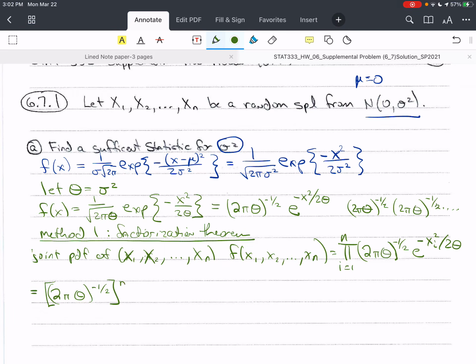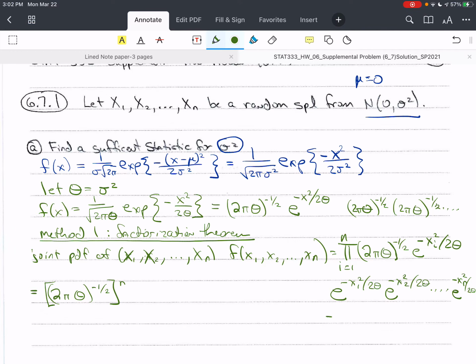So that's going to be to the nth power. And then we're going to do e to the negative x1 squared over 2 theta, e to the negative x2 squared over 2 theta, and so forth, e to the negative xn squared over 2 theta.